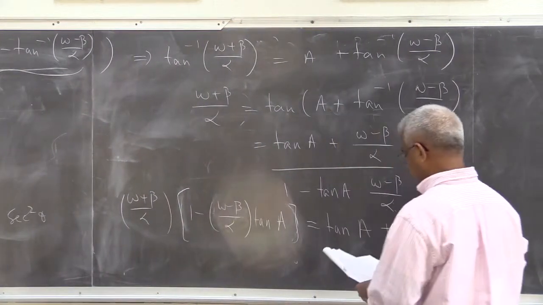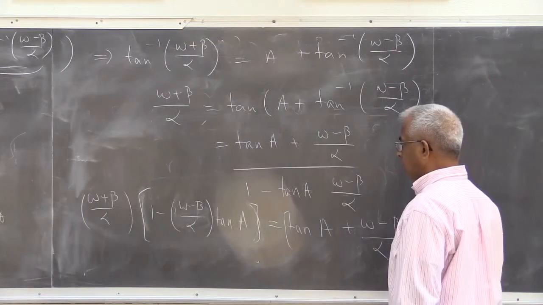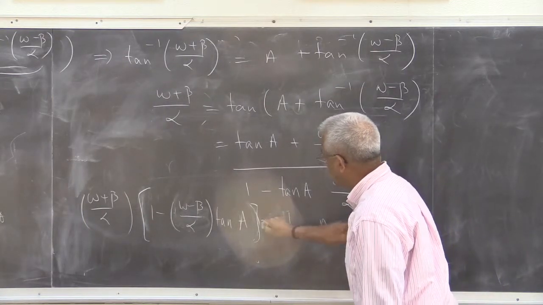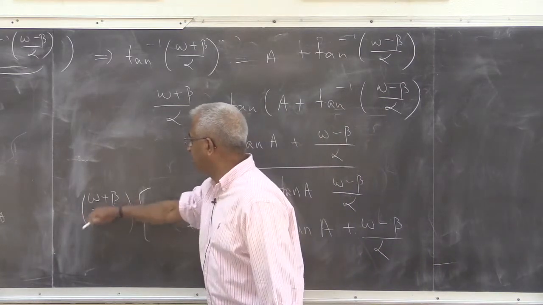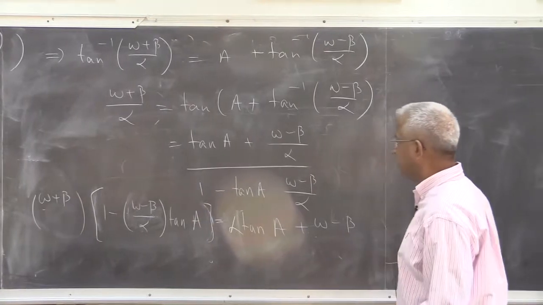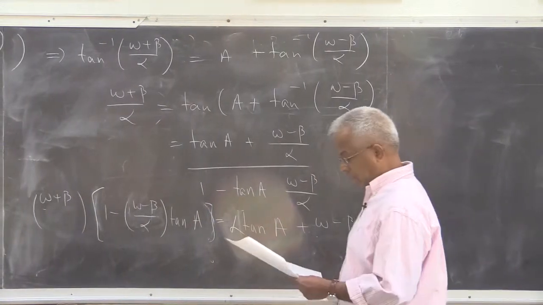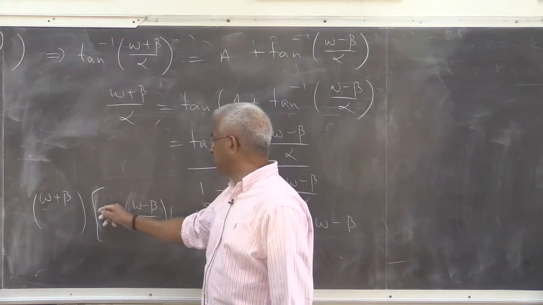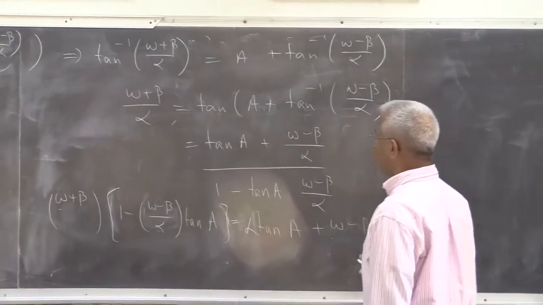So let's expand this. First of all, let me multiply it by alpha throughout. I take out this alpha and multiply on this side, this alpha goes away, so I get this expression. And I have another alpha here, so I multiply here, and that's going to hit here also.